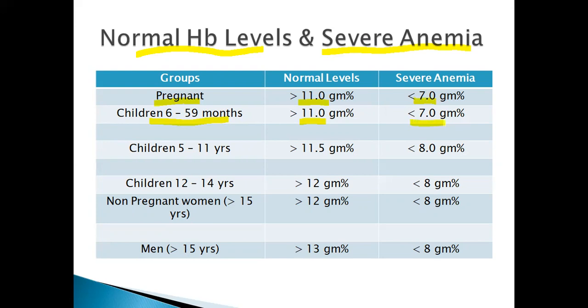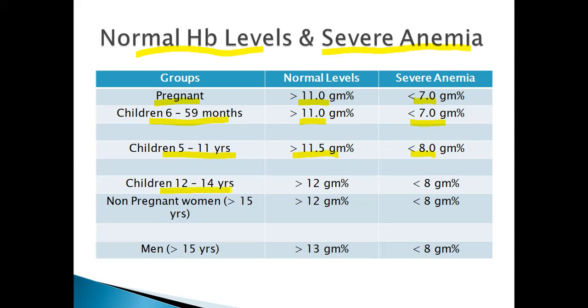So a pregnant female having HB less than 7, and also an Anganwadi going child having HB less than 7, would be labeled as severely anemic. Then the next age group, primary school children, 5 to 11 years: hemoglobin more than 11.5 is normal, less than 8 is severe anemia.